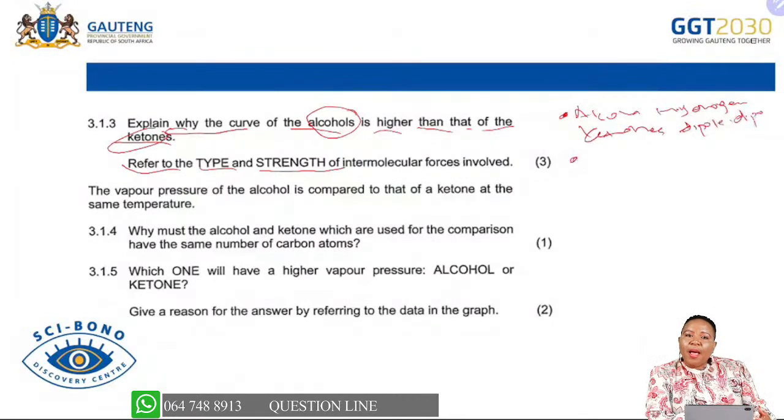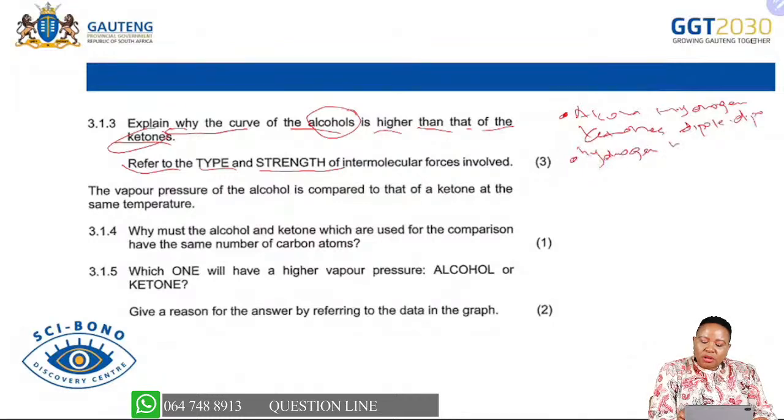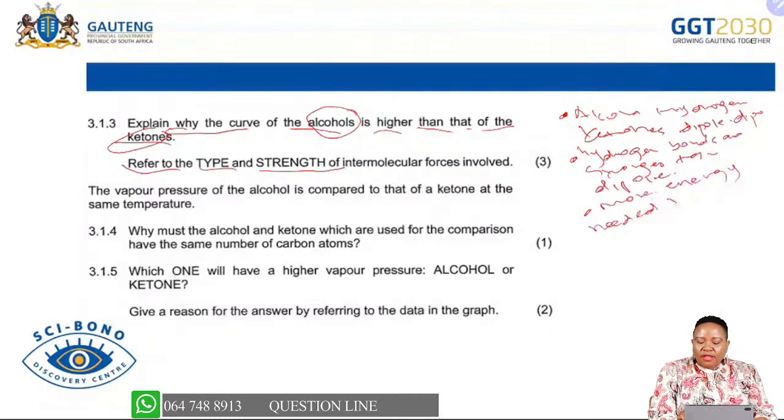So now we are comparing between dipole forces and hydrogen bonds. So what you know is that hydrogen bonds are stronger than what? Hydrogen bonds are stronger than dipole forces. Therefore, more energy will be required to overcome the hydrogen bond of alcohols than dipole forces.